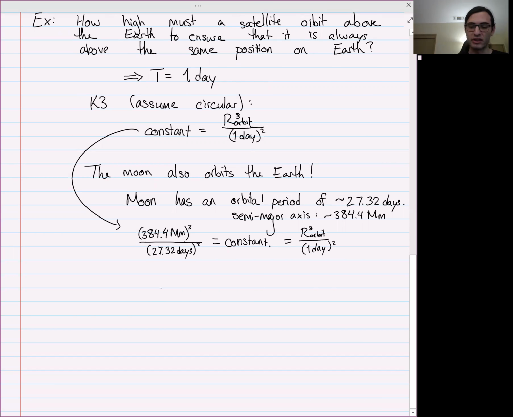So we can simplify this expression, and we get that this left-hand side is 76,458, approximately anyway, megameters cubed per day squared. And so that is equal to r cubed orbit divided by a squared day.